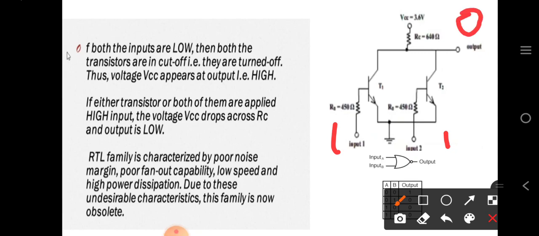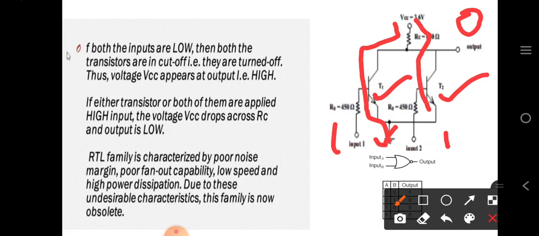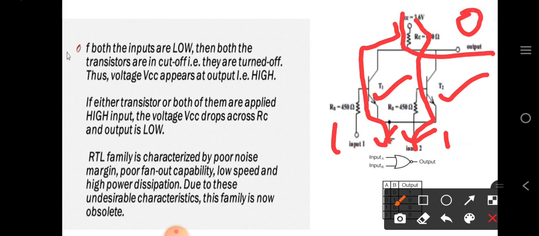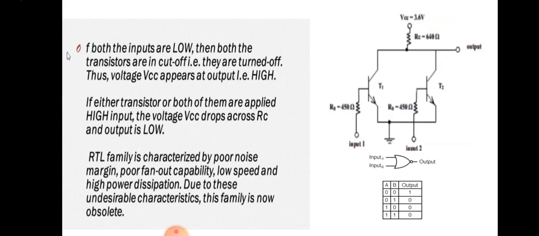Why 0? Because if both the inputs are 1, it will switch on T1 and T2. If it is switched on, then the current will flow from this and go towards the ground. If T2 is also on, then the current will flow like this and be drained to the ground. Thus there will be no flow towards the output. So it will give 0 at the output.